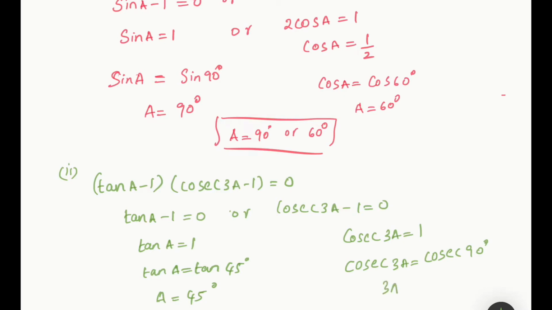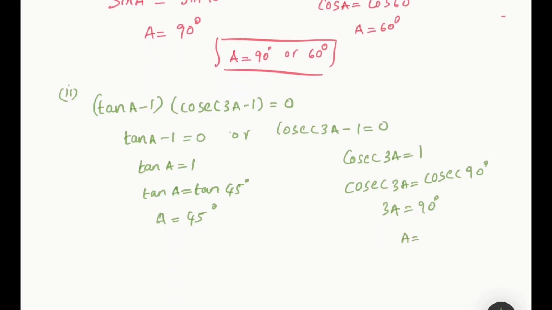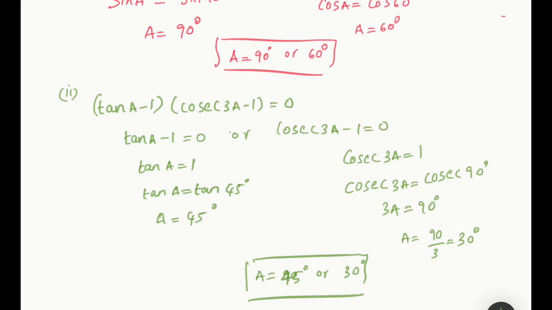So you get 3A equals 90 degree. So that is A is equal to 90 by 3, that is equal to 30 degree. So you get either A is equal to 45 degree or A is equal to 30 degree. Is it clear, children? This is how you will be solving this main. Okay. Now coming to the next question.